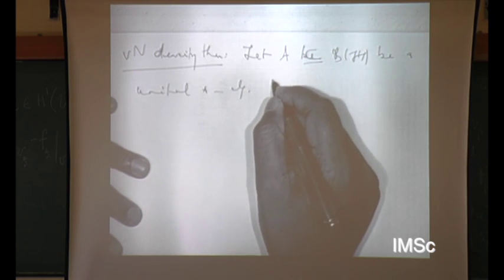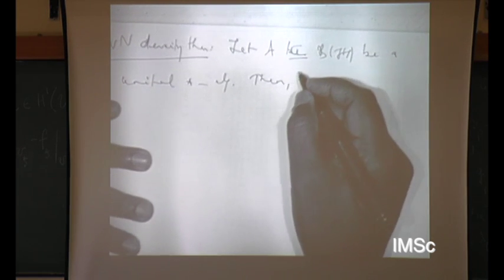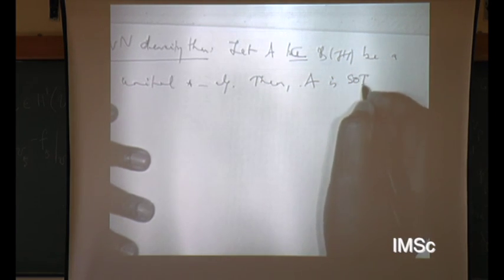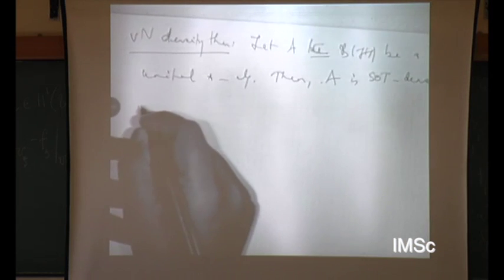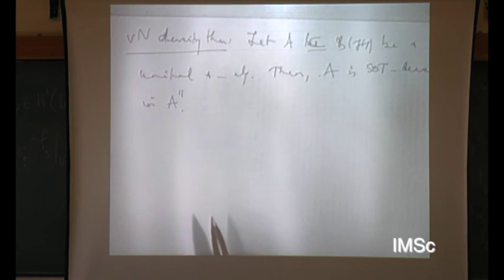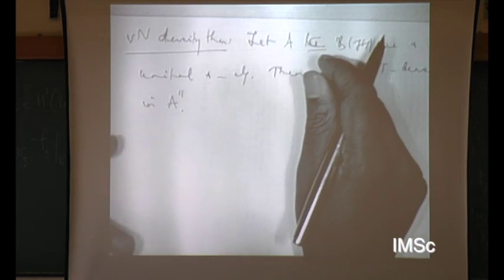Then A is SOT dense in A double prime. Because if you have a star algebra, then it is SOT dense in its double commutant.